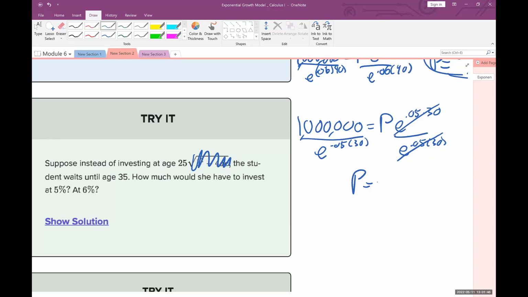Okay, so at 30 years at 5%, I come up with $223,130.16. And we have 30 years at 6%.